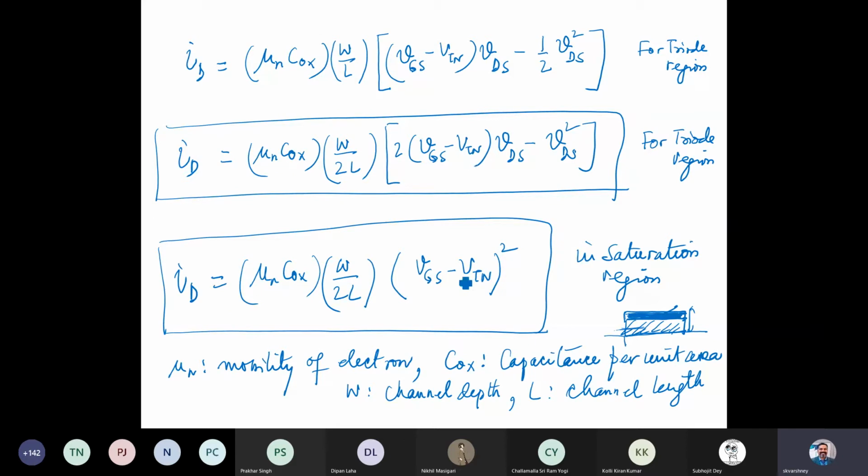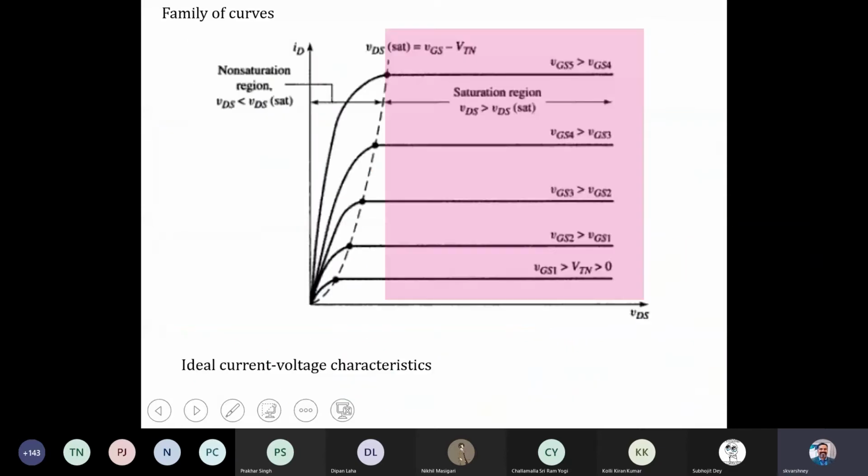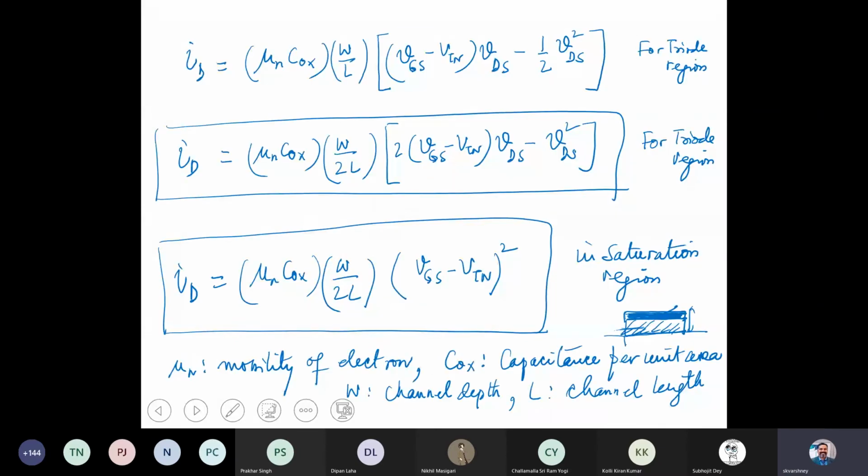Since we are making an NMOS, generally the values, as mentioned to you, are between 0.5 and 1 volt, and of course VDS. There is a specific reason to write it in this bracket, because we call this the conduction parameter.